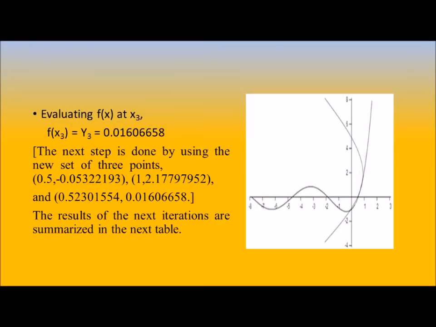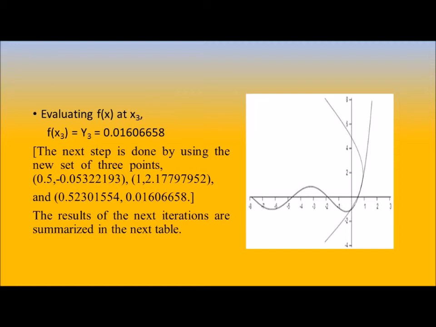Yes, so after following the process as per example 1, we got x3 and y3, where y3 = 0.01606658. So the new point is (0.52301554, 0.01606658).